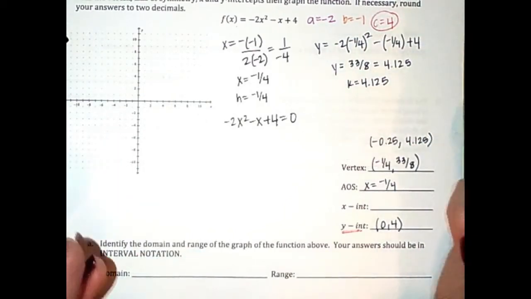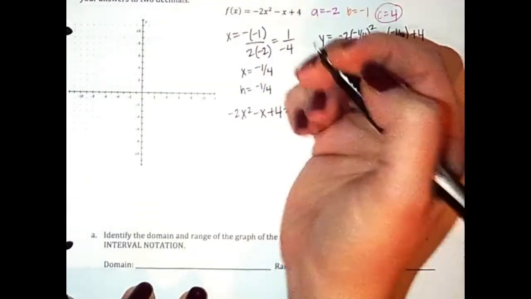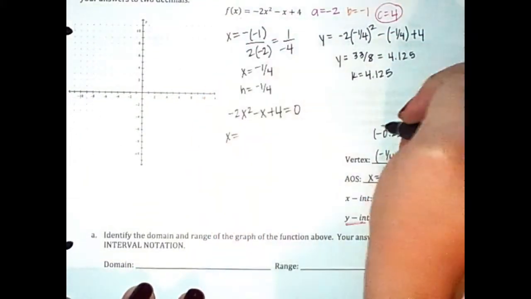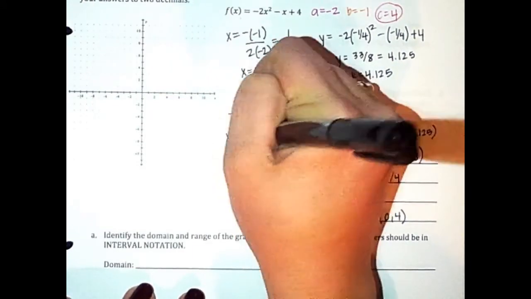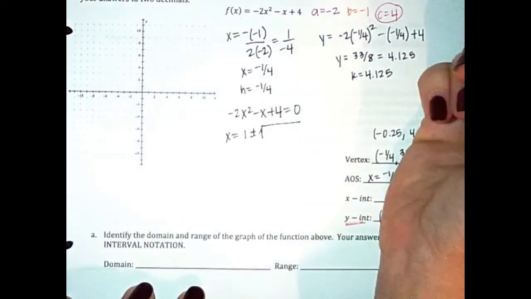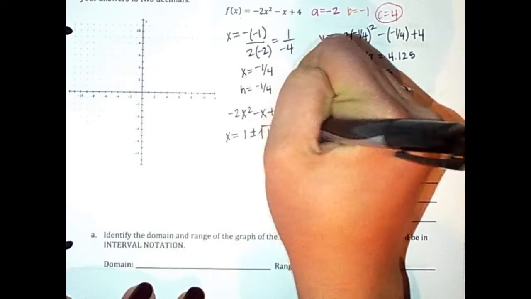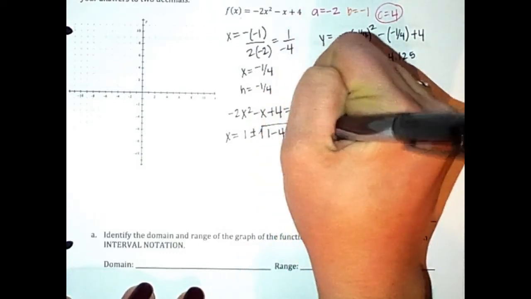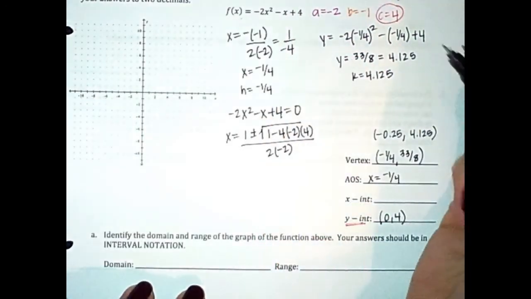So when you can't factor, or even if you just don't want to factor, you can just solve using the quadratic formula. So x is equal to the opposite of b, so the opposite of -1 is +1, plus or minus the square root of b squared. So that's -1 squared, which is 1, minus 4ac all over 2a.